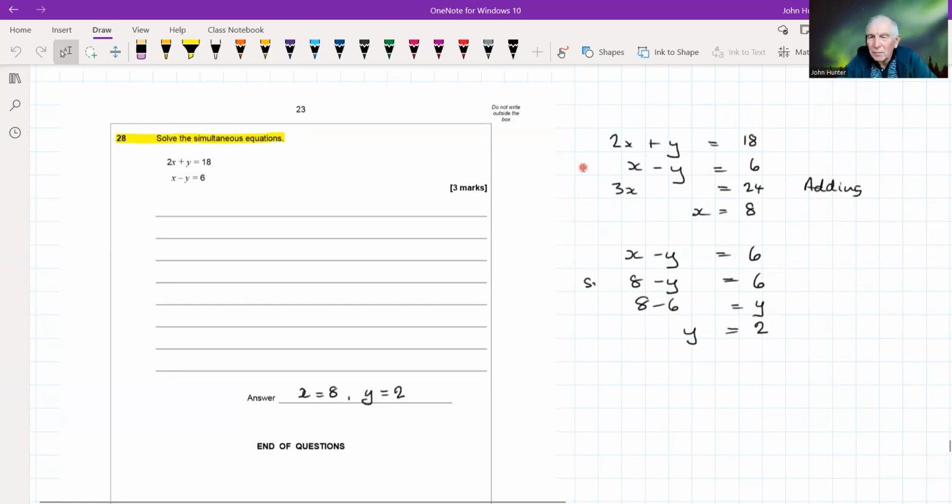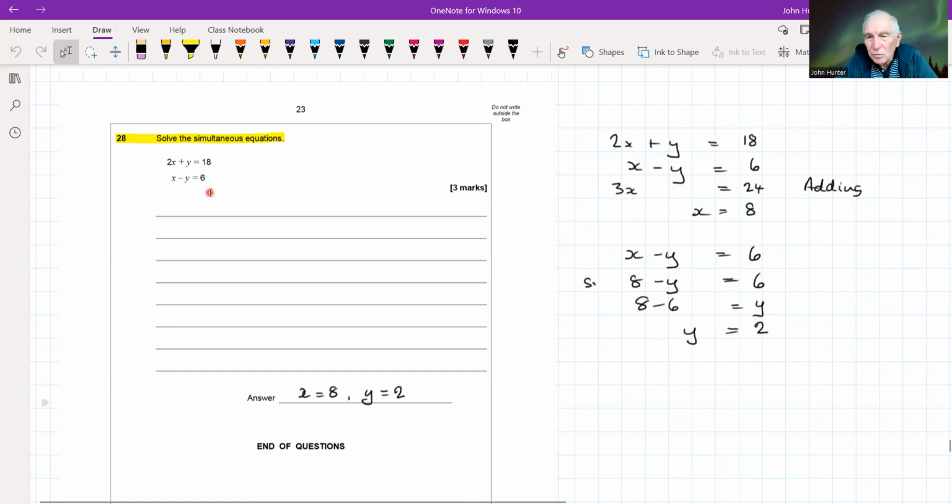And then that might fit next to our second equation, or we might need to scale this one as well. But again, it's a little bit like your weighing scales. If they're in balance, if you double what's on the left-hand side and double what's on the right-hand side, you're still going to end up in balance. So that's how we do these simultaneous equations.